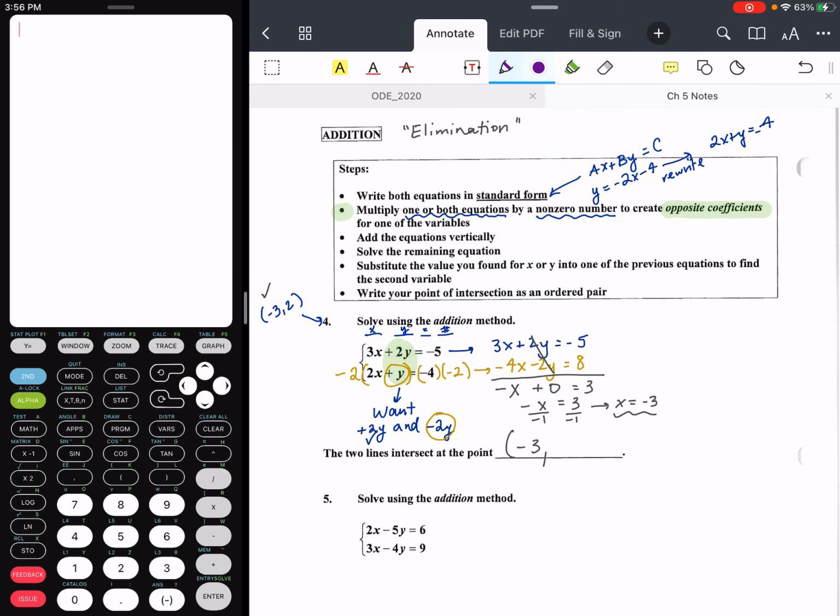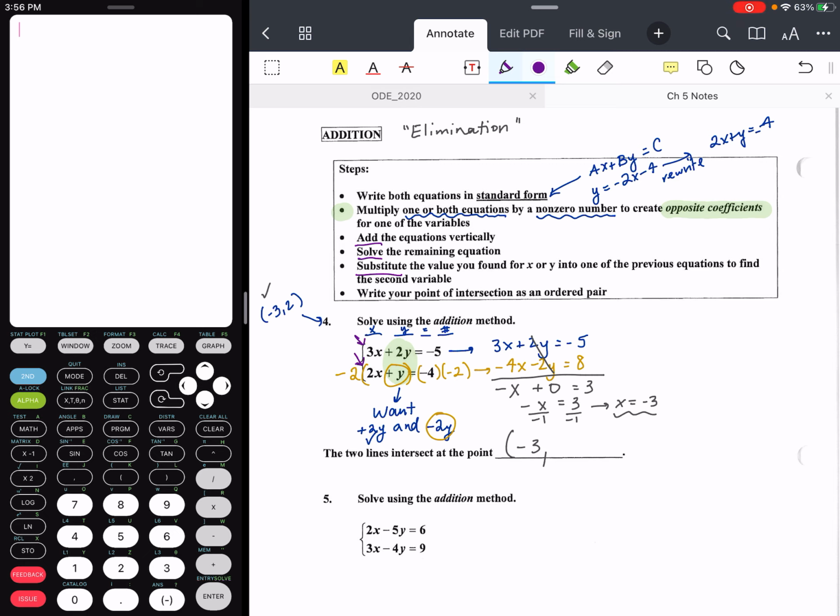All right, and then for our y variable, so we added the equations vertically, we solved the remaining equation to get x equals -3, and now we're going to substitute in the value we just found for x into one of the previous equations to find the second variable. So we already have x, we want to get y. We could put x equals -3 into this top equation or into this bottom equation.